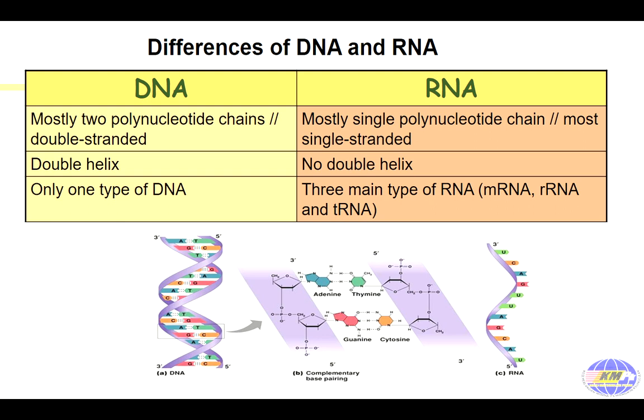DNA consists of two long polynucleotide strands, whereas RNA consists of a shorter single polynucleotide strand. The two polynucleotide strands of DNA coil around each other to form a double helix, whereas in RNA, no double helix is formed.